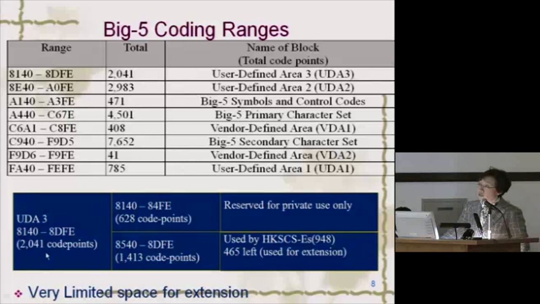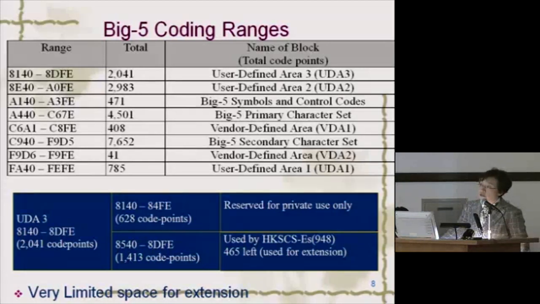So at the design stage, we split UDA3 into two parts. One part, the specific code doesn't really matter. This is the part where the Hong Kong government has restricted itself from using it, leaving it as a private use area, meaning that the government promised in all its future extensions they will not touch this area.